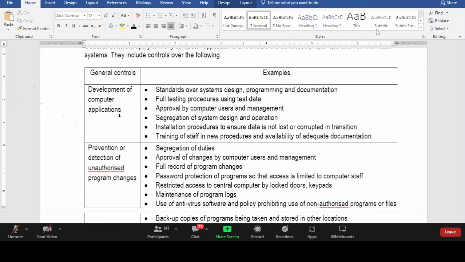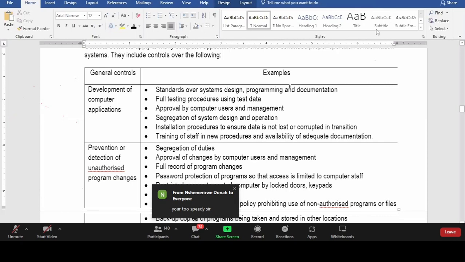Development of computer applications. What controls should the auditor look at? Do we have standards over systems design, programming, and documentation? Do they carry out full testing of procedures, especially for a new system, before it is used?